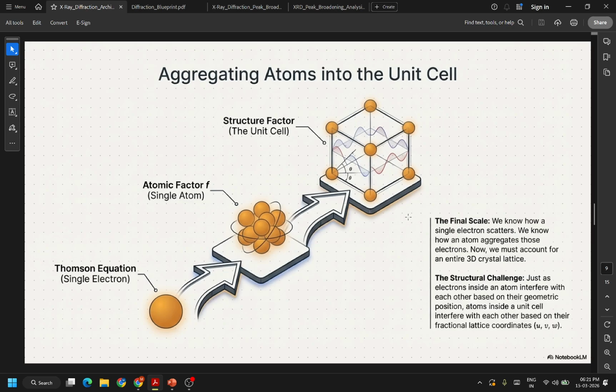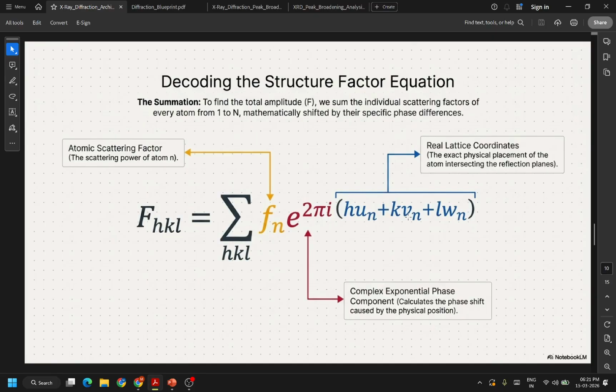So just as electrons inside an atom interfere with each other based on their geometric position, atoms inside a unit cell will also interfere with each other based on their fractional lattice coordinates. So the structure factor equation is given by summation of all individual atomic scattering factors.